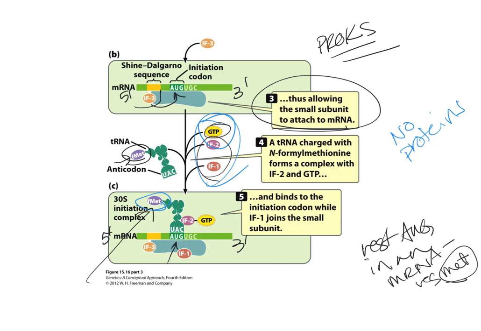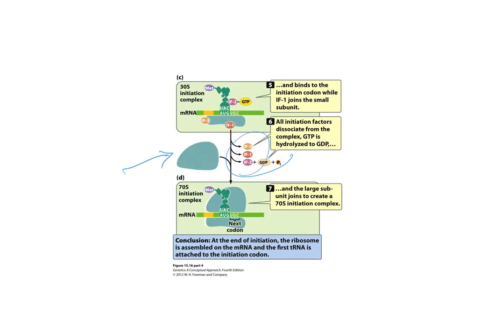Okay. So it gets on there, this complementary base pairing, anticodon to codon. Remember, anti is always in the tRNA. So tRNA, anti has a T in it. The codon is always in the mRNA. What else? Stuff happens.